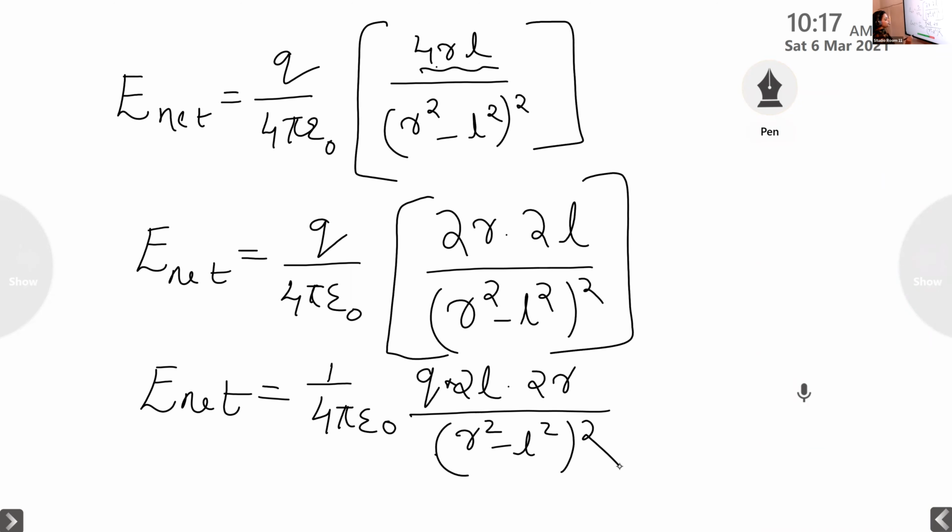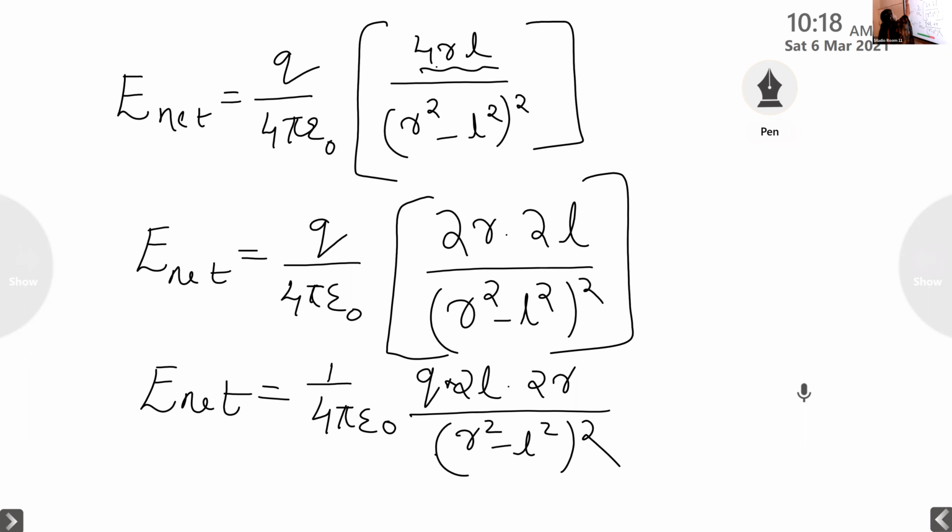Now, what is Q into 2L? Are you familiar with that term? It is the product of one of the charges and the distance of separation between them. Can you recall? Dipole moment. Very good.